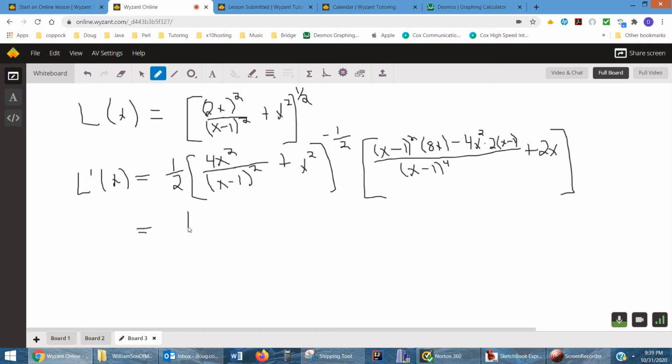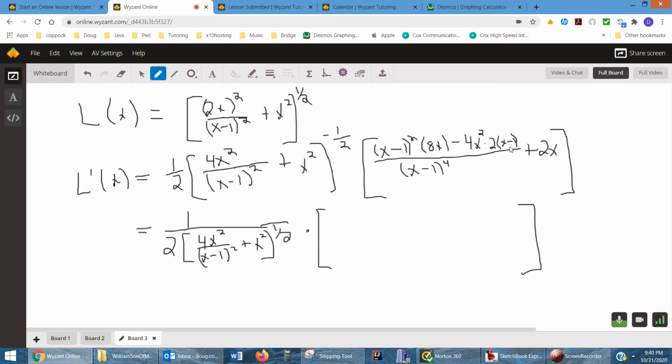Well, I can write this as 1 over 2 times this whole thing to the 1/2 power times this thing. And when I simplify that, whoa, what am I going to do?